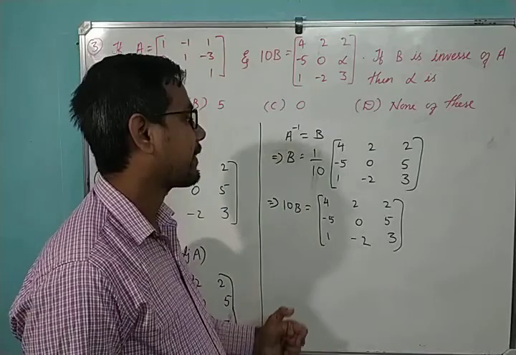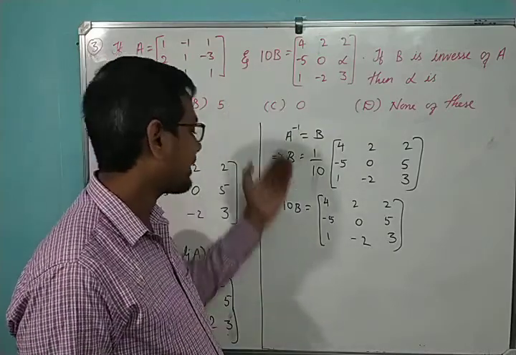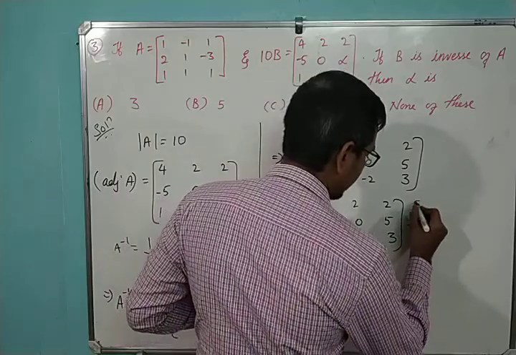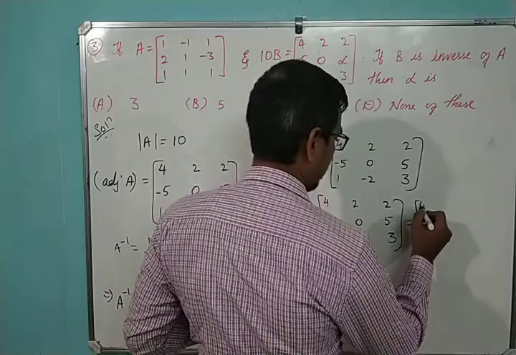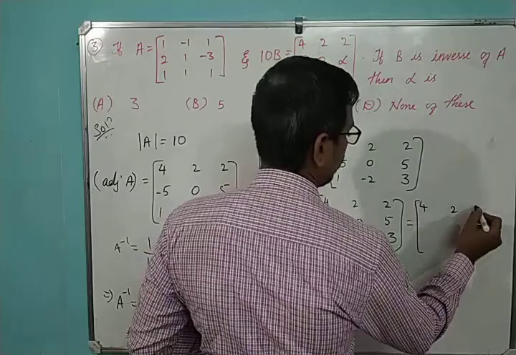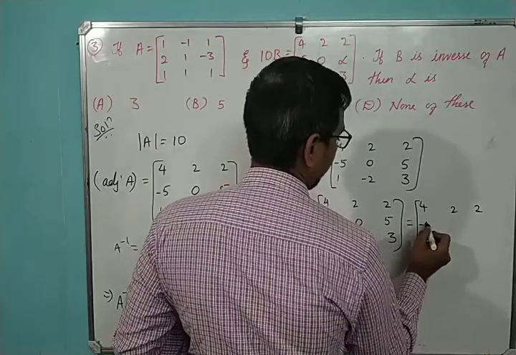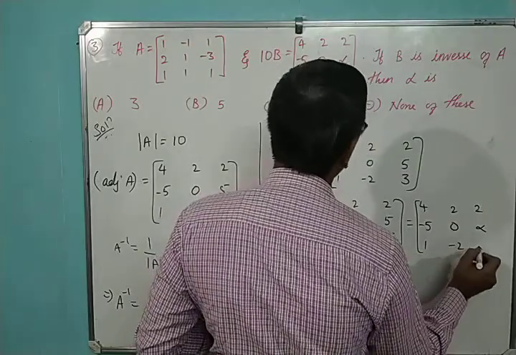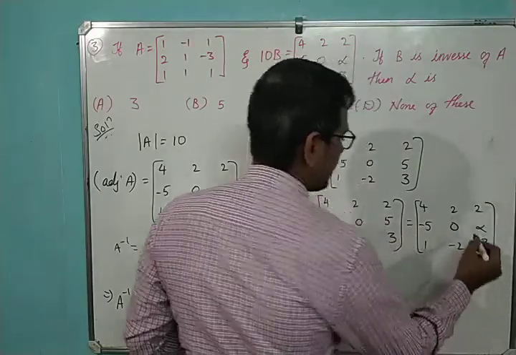Comparing both the matrices, this is also equal to the given matrix: 4, 2, 2, minus 5, 0, alpha, 1 minus 2, 3.